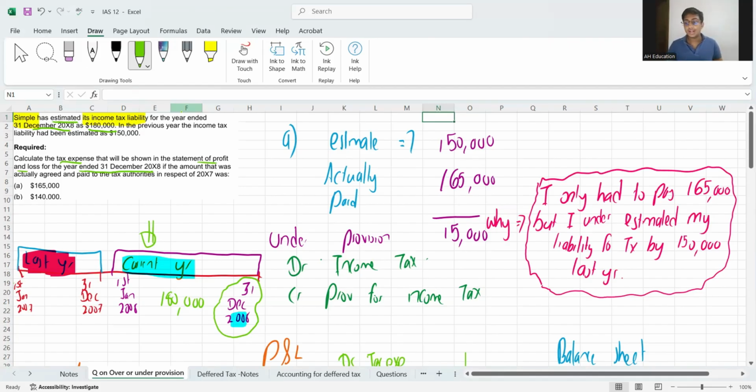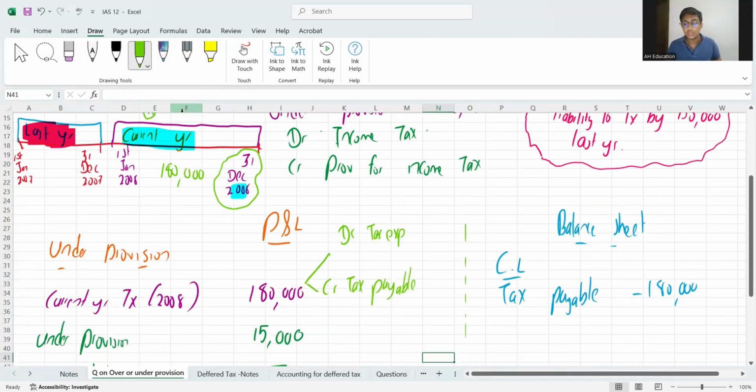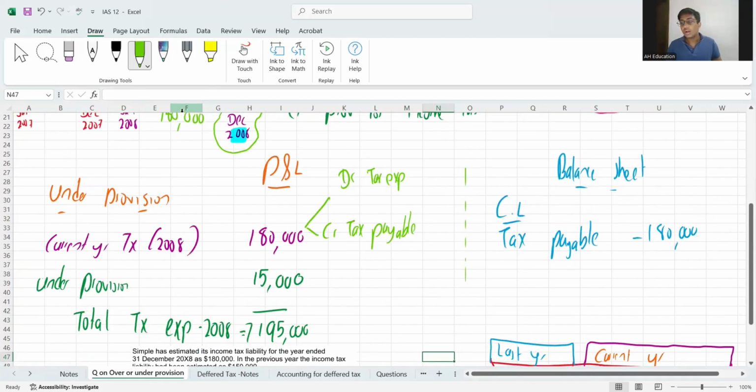So we are expecting that in our current year our income tax payable will be 180,000. Fine. Totally agree. And the payment will be paid in your next financial year, which is 31st March 2009. That's all fine. Okay. And I told you all, right, when you get any questions related to income tax, you need to follow a format. Okay. And this is the format.